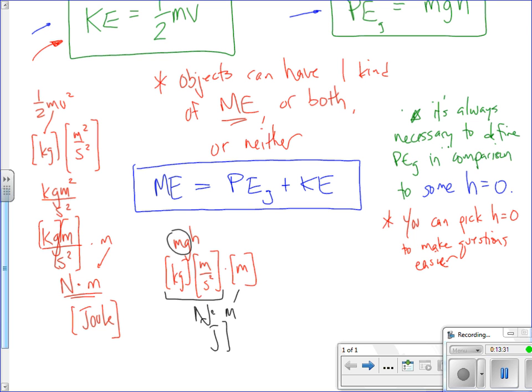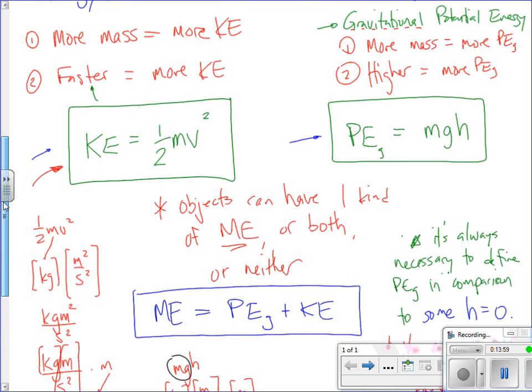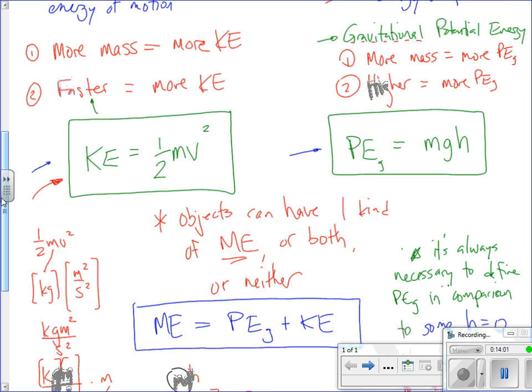So every kind of energy that we deal with will be measured in joules. But remember, that does mean that masses have to be in kilograms, h's have to be in meters, speeds have to be in meters per second. I'll have a couple of example problems for you to work through soon, and having this stuff in mind will get you ready for a lab pretty soon.